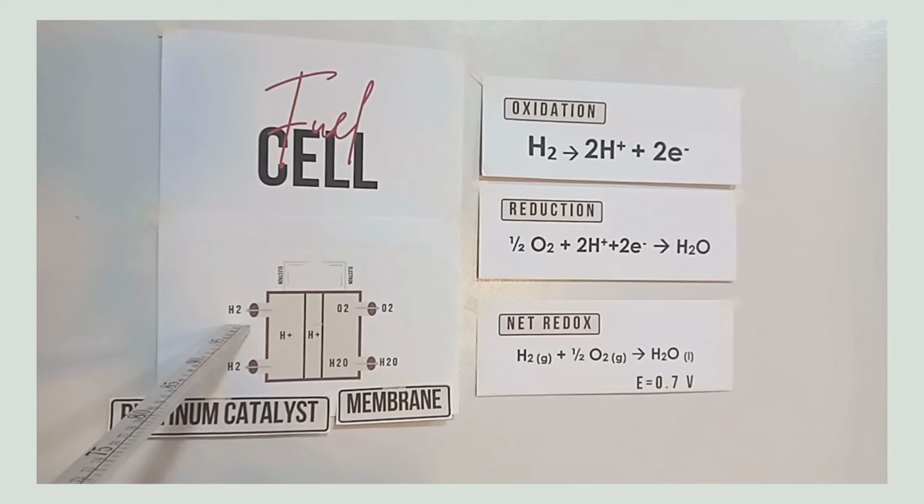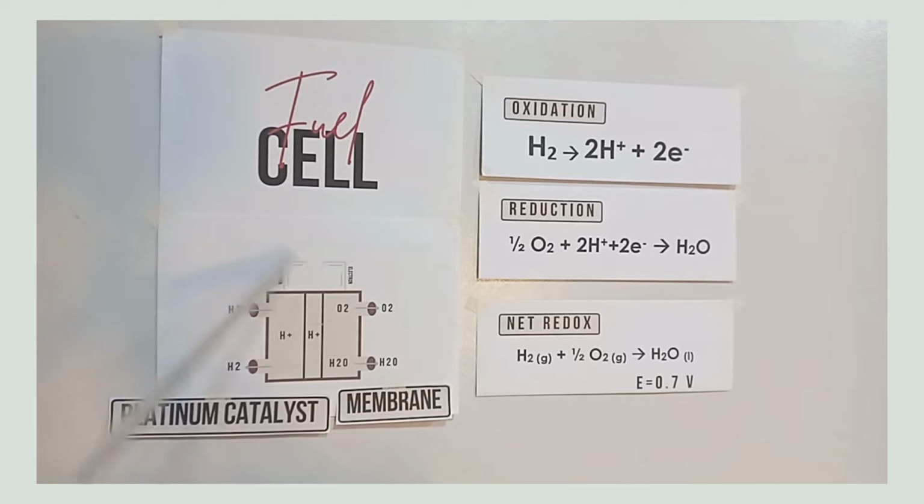When the H2 molecules enter the system, they are oxidized. How does this happen? Well, the platinum catalyst, this part, acts to speed up the reaction from this to our product. When the molecule enters the anode, it reacts with the platinum, producing 2 H+ ions and 2 moles of electrons.